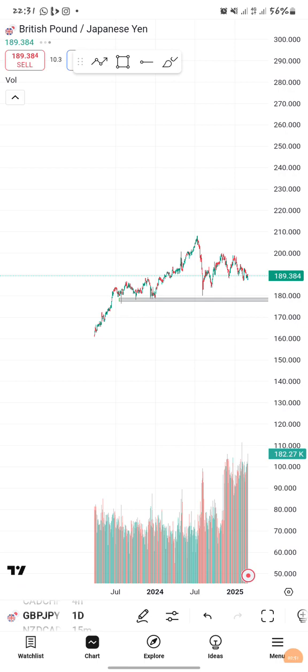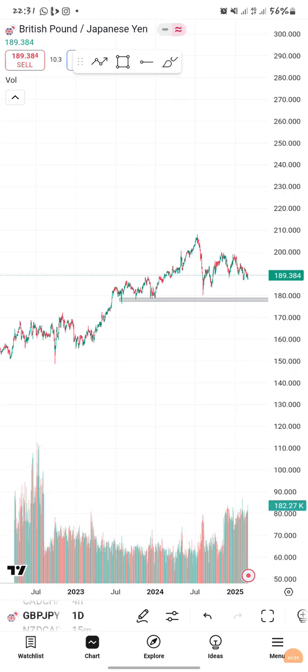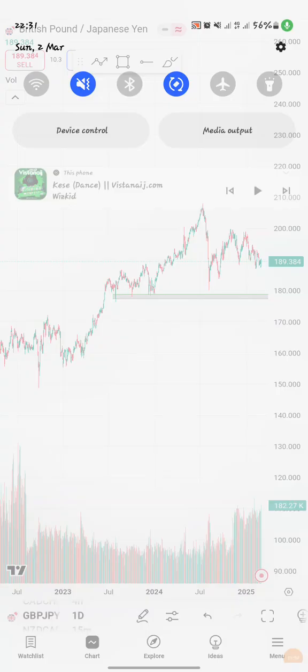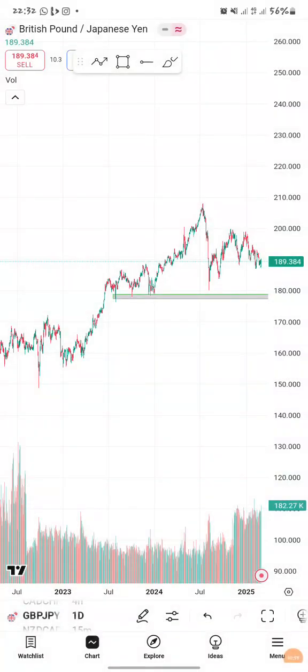Okay, so this is a 1 day chart. So what is a 1 day chart telling us? It's telling us that GBPJPY is bullish. So how is it bullish? Giving us higher highs and higher lows.